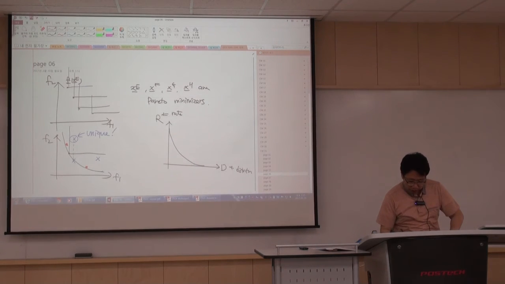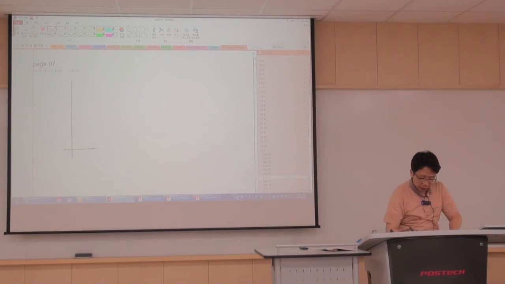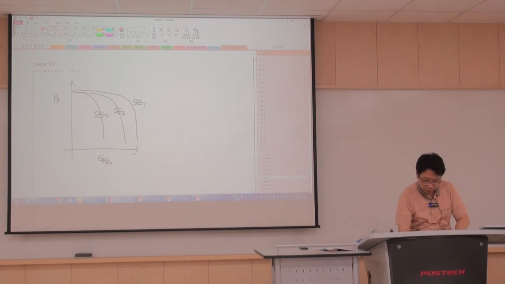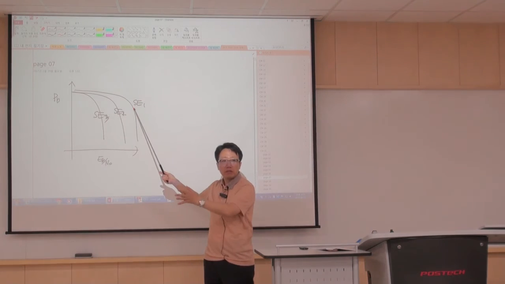And also in single-user communications, you have here bit energy per noise density and bit error rate. And if you choose different spectral efficiencies, then you have different trade-off curves. Here, you want to transmit very fast.